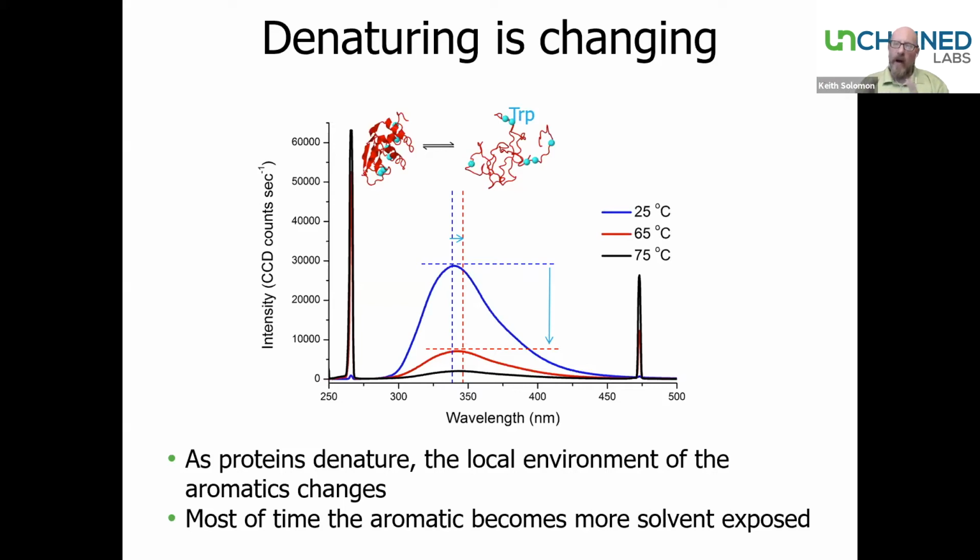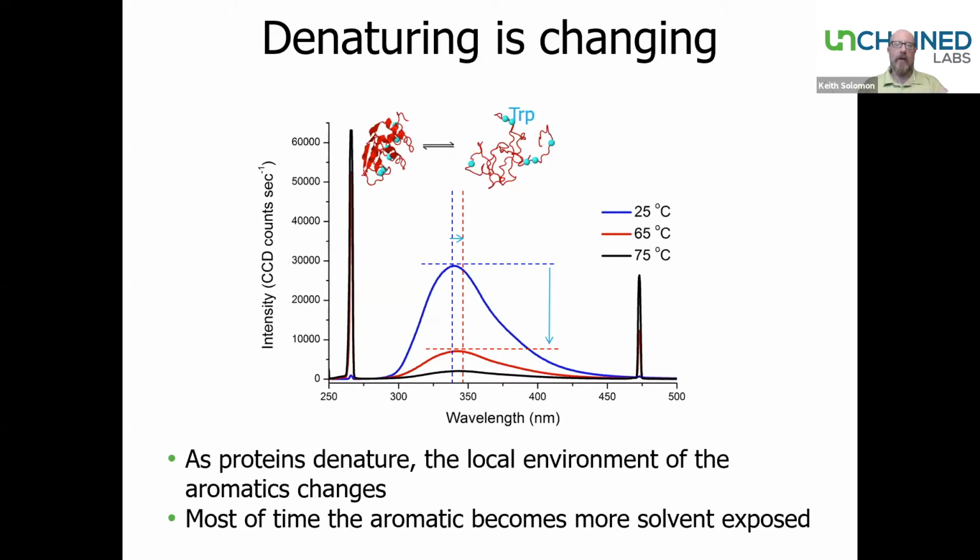So the environment of these tryptophan residues, of the aromatics themselves, really affects the emissions profile that you're going to get from each of the individual amino acids and the meta effect of the emissions profile of the protein.